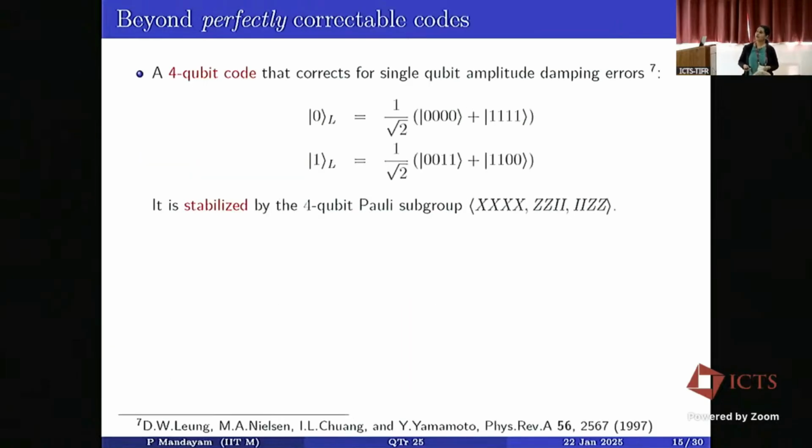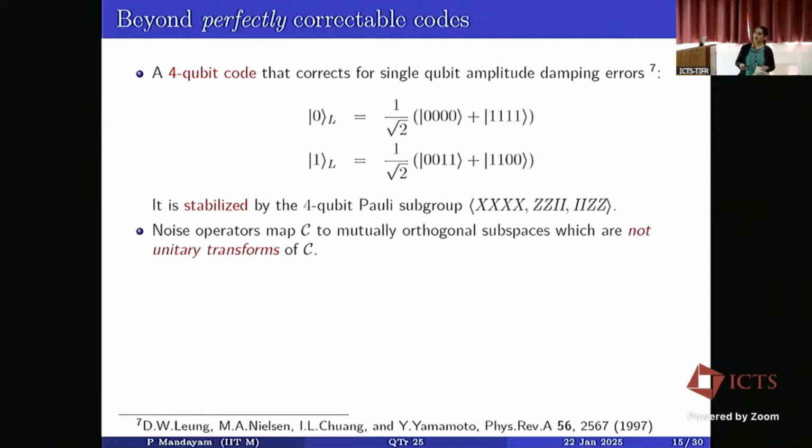So here's the 4-qubit code, and notice that this also has associated with it a set of Pauli stabilizers. However, this is not a stabilizer code, because the noise operators, which in this case are your damping operators, are going to map the code space still to distinguishable parts of this larger Hilbert space, but they are no longer simple unitary transforms of the code space.